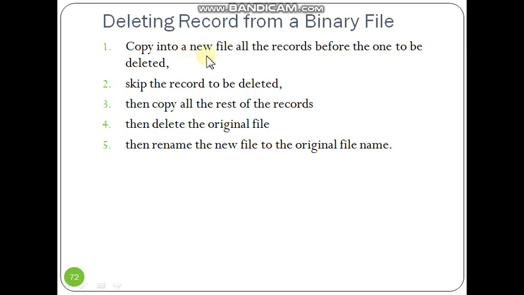First, we need to copy all the records before the record to be deleted to a temporary file, then skip the record to be deleted. Then copy the rest of the records also to the temporary file.